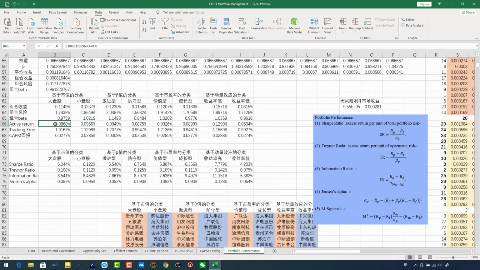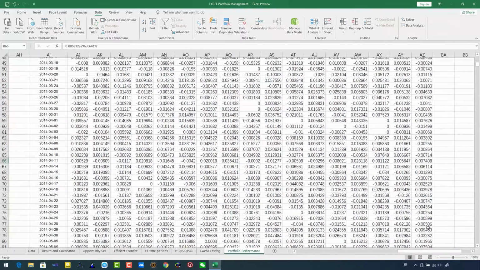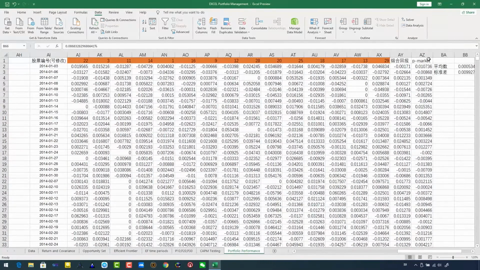And for the active return, remember we covered that before in the lecture, it should equal our portfolio return minus the benchmark. So if we are using the stock market, our SSE composite 上证综指 as our benchmark, we can calculate our portfolio return minus the benchmark return, the SSE composite.